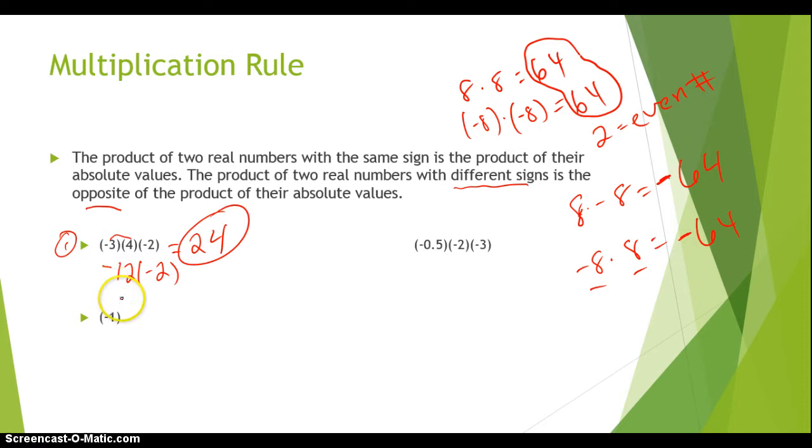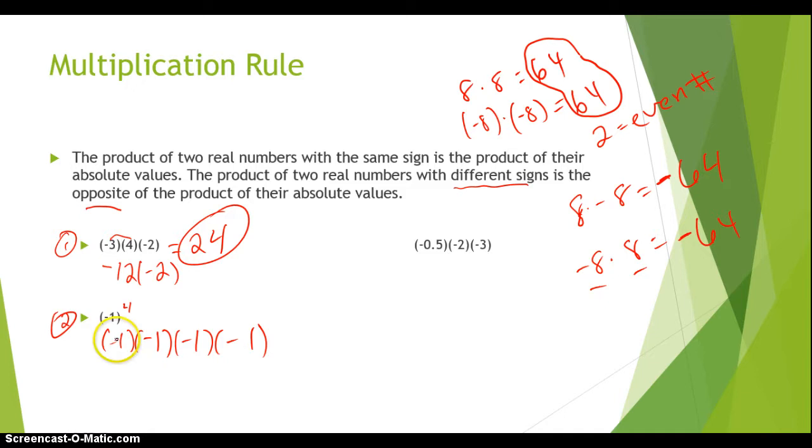Now this is supposed to be down here, negative 1 to the 4th power. So what does that mean? Well, it means negative 1 times negative 1 times negative 1 times negative 1.